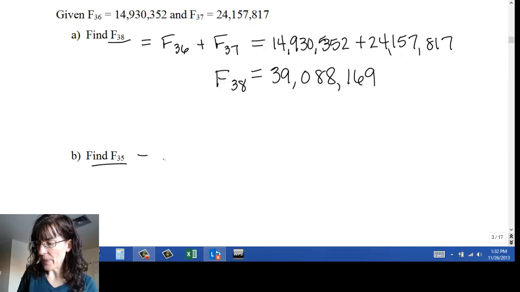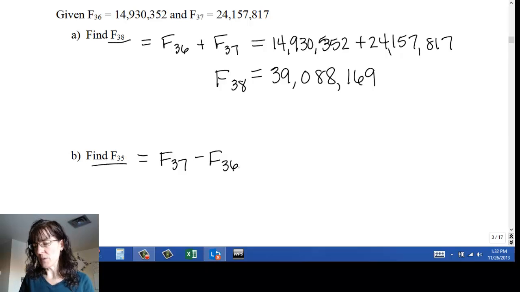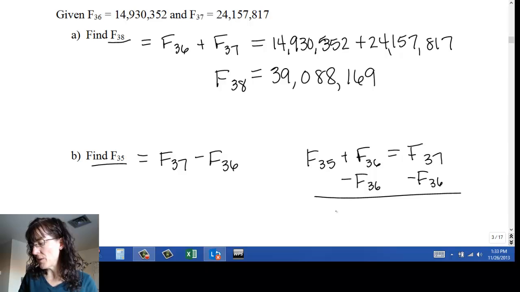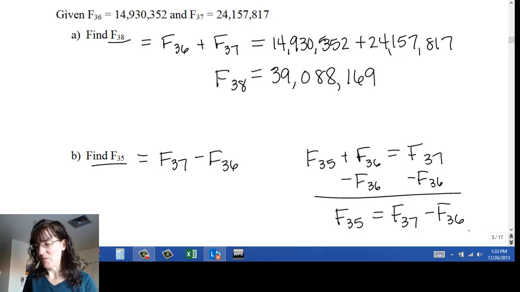So what I can do is say, well, that's going to be the larger one minus the one before that, f sub 36, and that should give me f sub 35, because I know that if I have f sub 35 plus f sub 36, I will get f sub 37, and if I'm trying to find the f sub 35, I can just subtract the f sub 36 from both sides, and then I'll get f sub 35 equals f sub 37 minus f sub 36, and that's exactly what I'm trying to find.